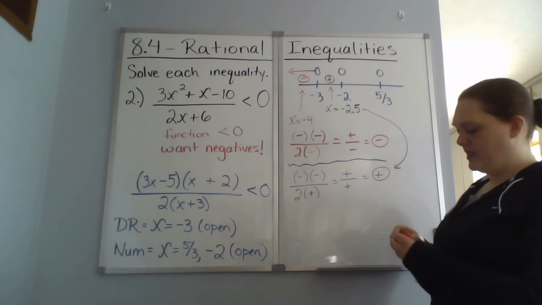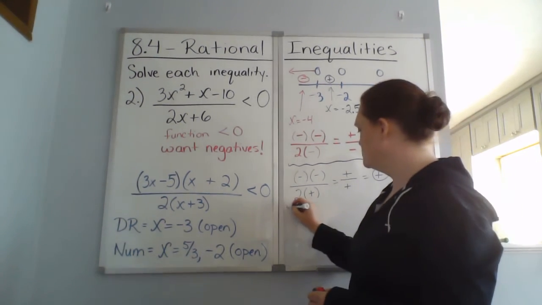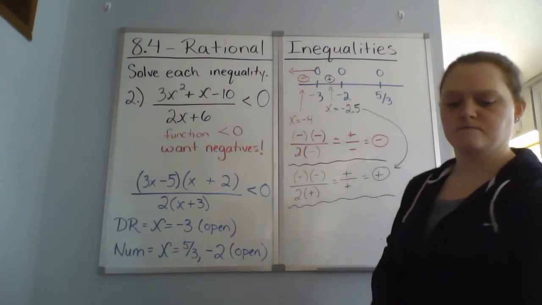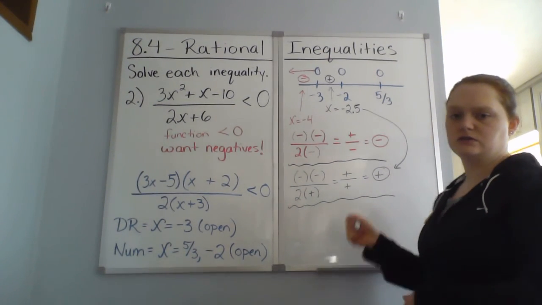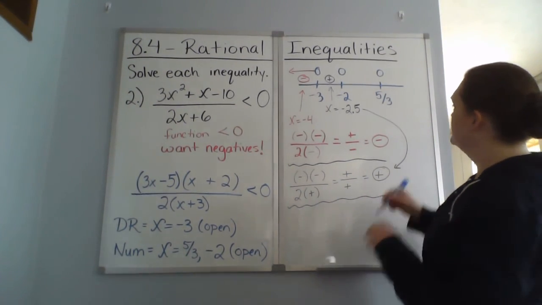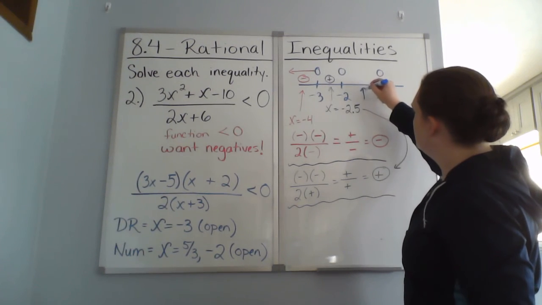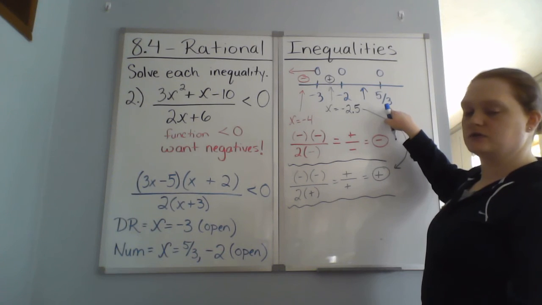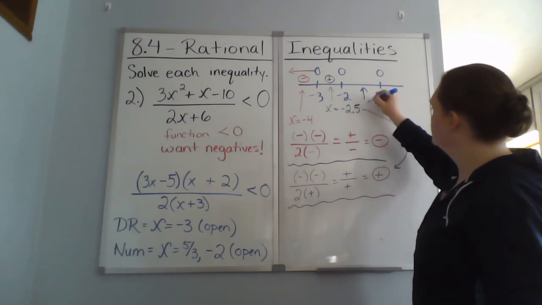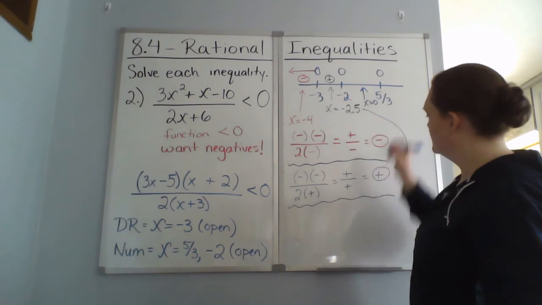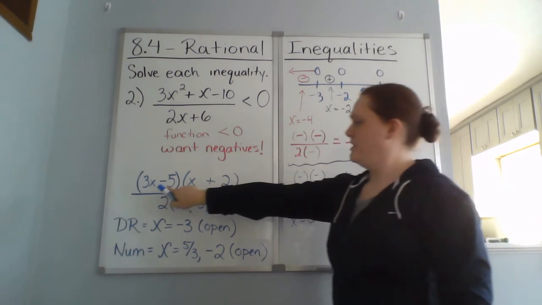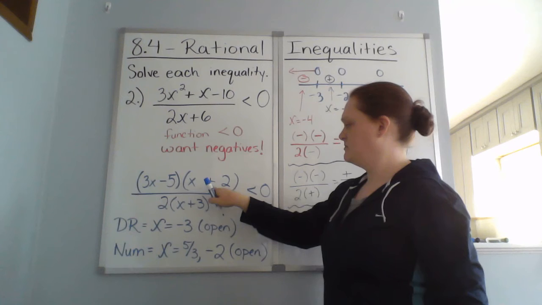All right, now we're gonna need to do 2 more similar tests, okay? Switch colors, see if that helps a little bit. So now I wanna pick something right in here between -2 and 1 2/3. So let's do x equals 0. So if I plug in x equals 0 here, well, that'll give me -5 times +2.